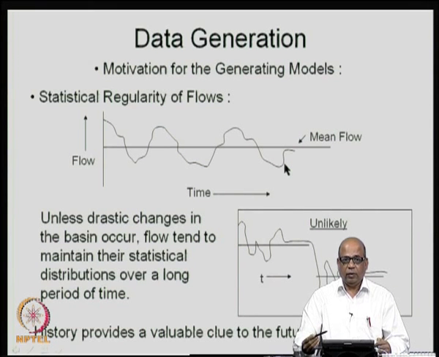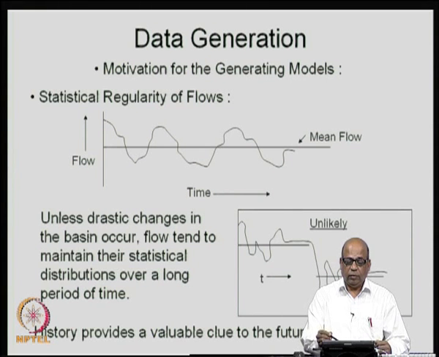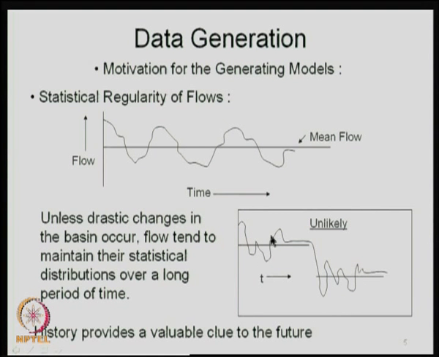Unless drastic changes occur in the catchment or the basin, this regularity is unlikely to be perturbed. For example, you look at this figure, the process was operating at a certain level, and unless certain physical changes occur, this shift as you are seeing here is very unlikely, whereas this kind of regularity is more likely in nature.